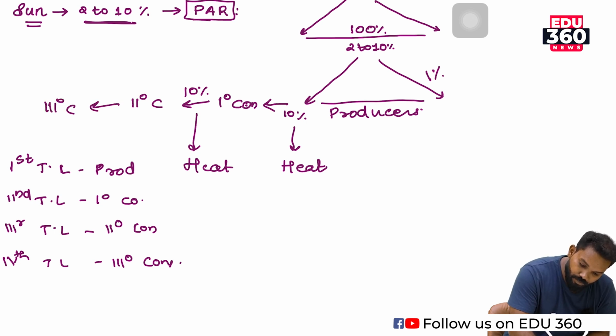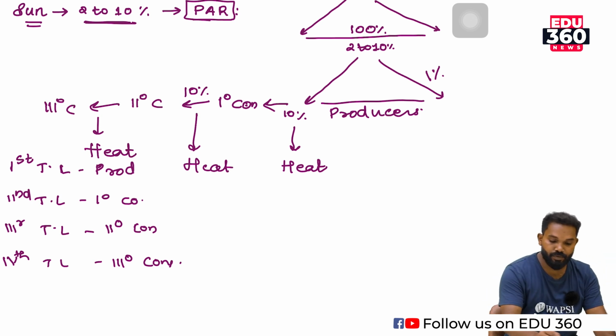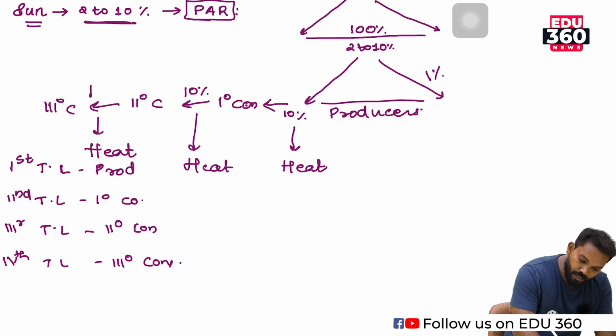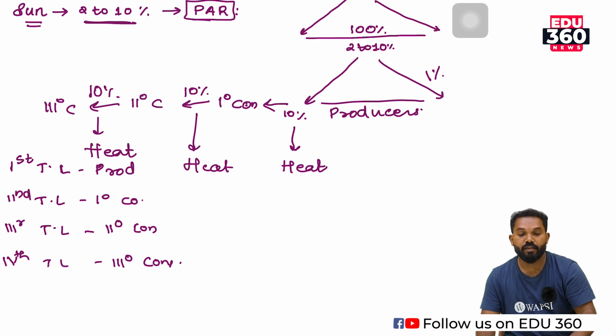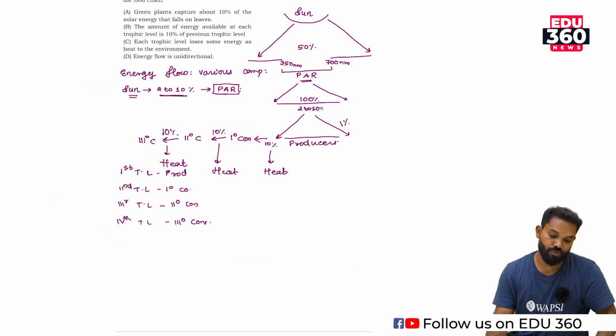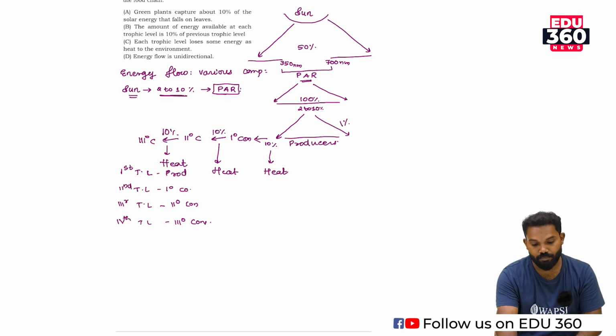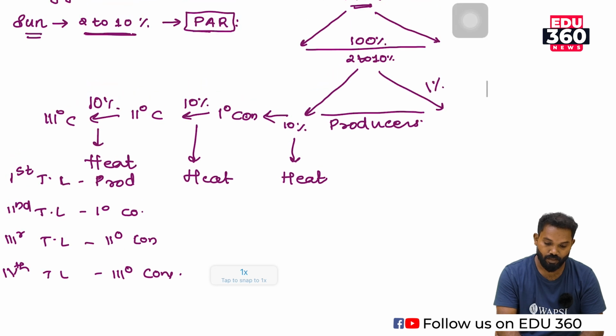Tertiary consumer, here also 90% of energy is lost as heat and 10% of energy is transferred to the next trophic level. This is the 10% rule.